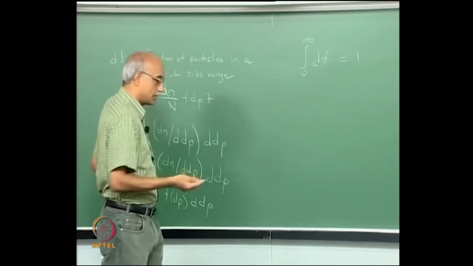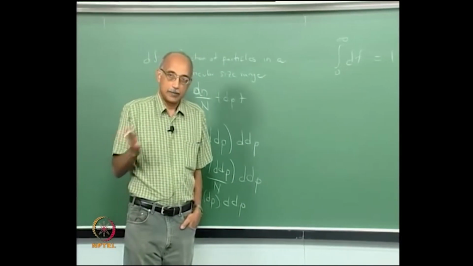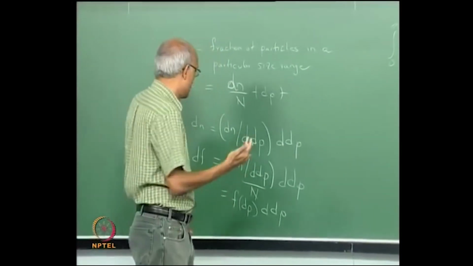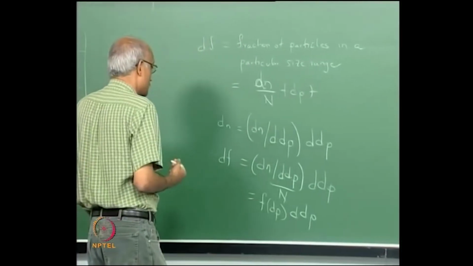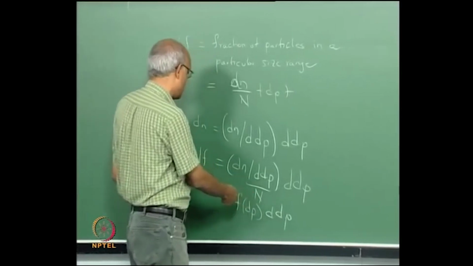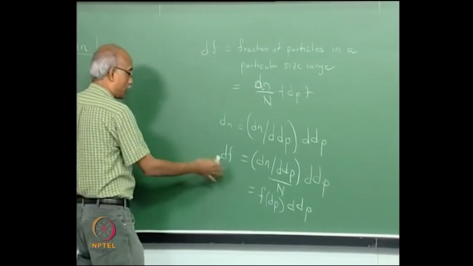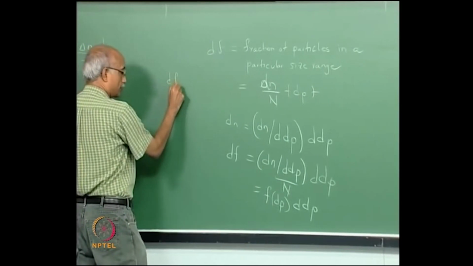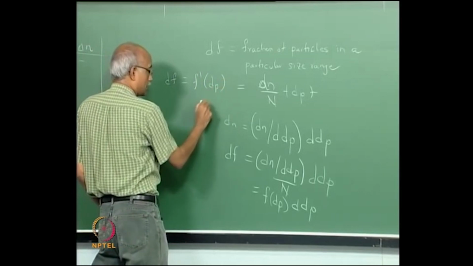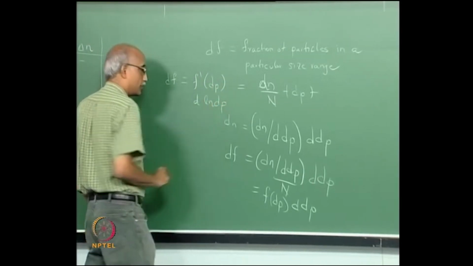Now, as we saw yesterday, when we have a log normal distribution, you are better off using geometric means as well as logarithmic values. So, in that case the formula in this particular instance would be that for a log normal distribution you would use df equals some f prime of dp times d ln of dp.